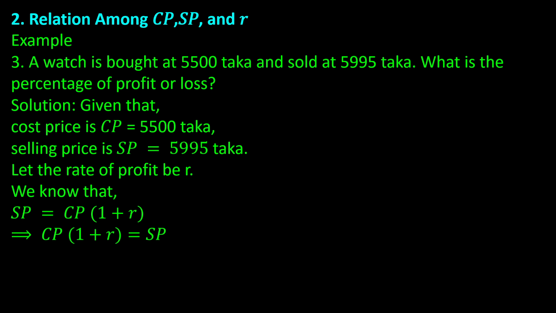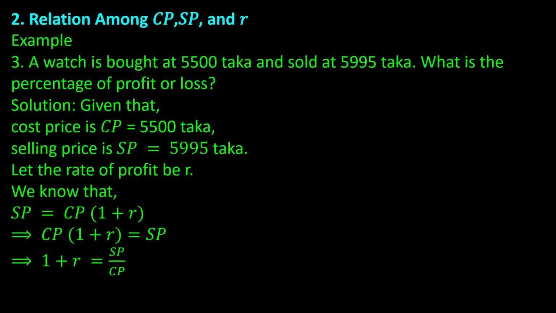Since we have to find the value of R, by the law of symmetry I bring CP times (1 plus R) to the left side from the right side, and SP from the left side to the right side. Then it becomes CP times (1 plus R) is equal to SP.